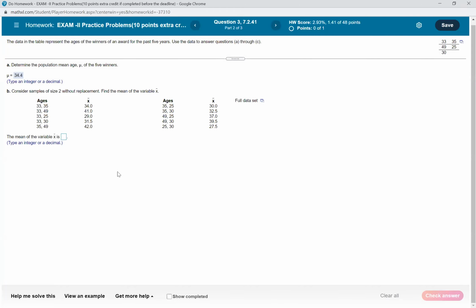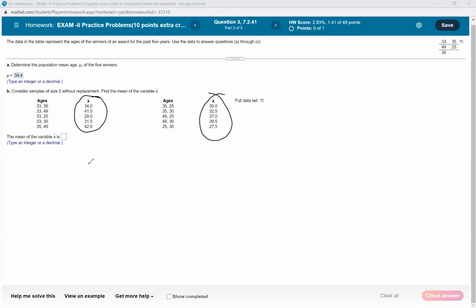Just to make sure. Okay, the next one is to consider samples of size 2. So we have to consider the samples of size 2, and we calculated all the means here. So the means of the variable x bar. So now we have the data for x bar.